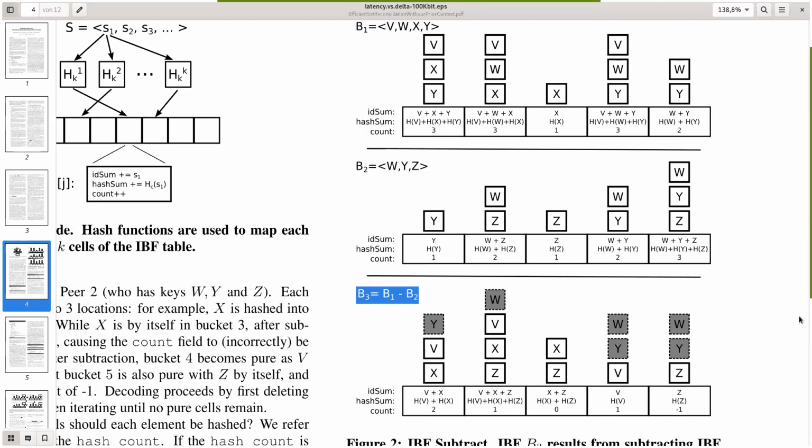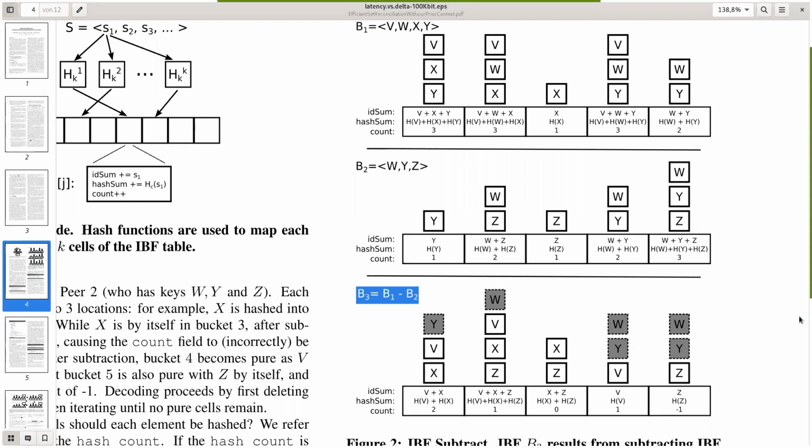So the main idea of the algorithm is you compute the invertible Bloom filter for the set on each node, and then you subtract them and find all of the cells that only have one element. And you can extract that element's value from the ID sum because all of the other values that got XORed into it got canceled out.